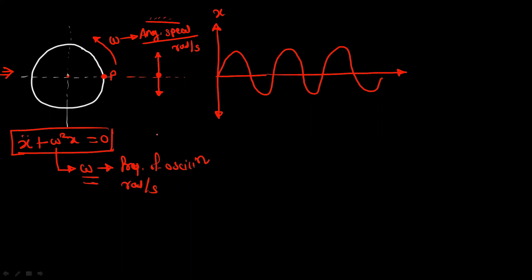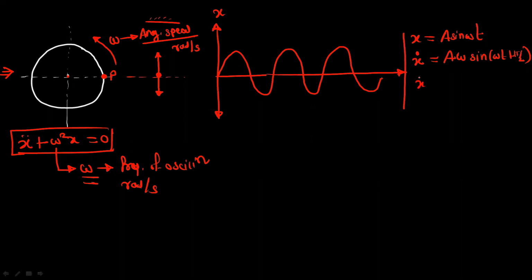Okay, so if you plot this waveform, now we have got the three equations. The first equation I will write here. This is the displacement, which is x is equal to a sine omega t. Then velocity x dot is equal to a omega sine omega t plus pi by 2.